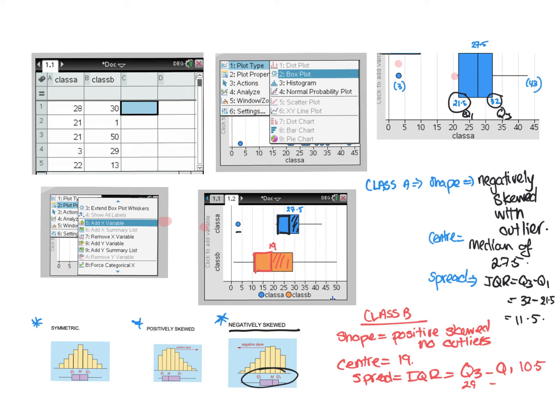All right, now what they often do is, we were looking at class A and B, and they'll ask: do you think that which class you are in has an association with your mark? Looking at just this data, I'm going to say yes, there's an association between the class and the mark they got, because class A has a higher median score with 27.5 compared to class B with a median score of 19.